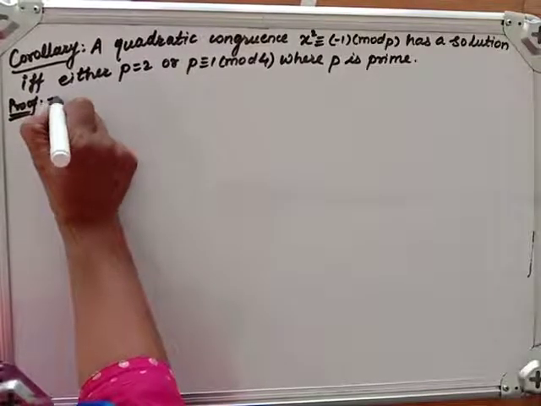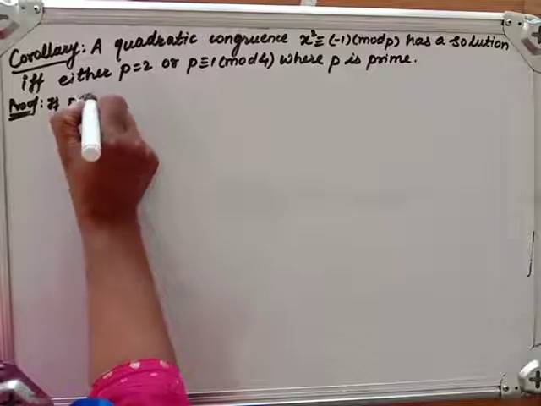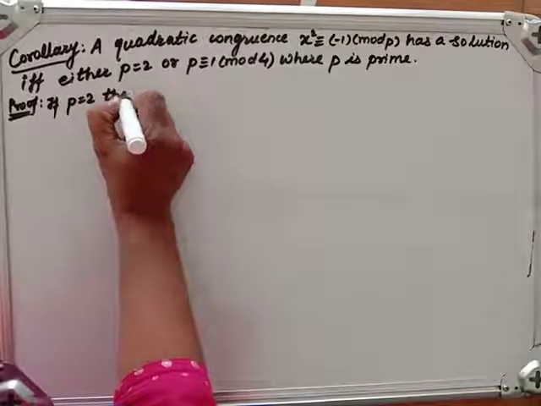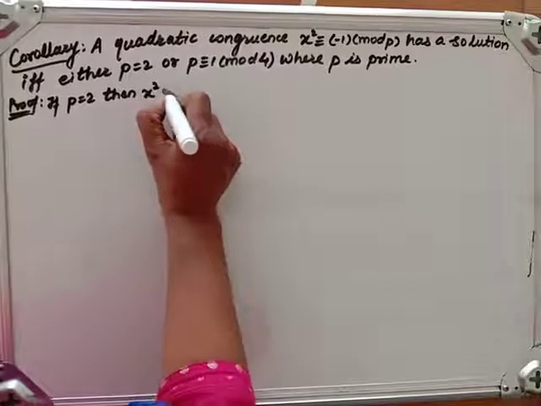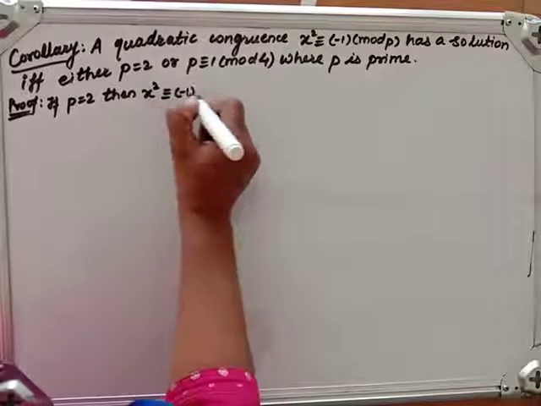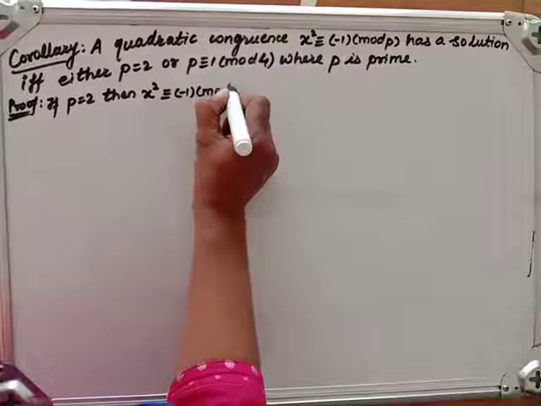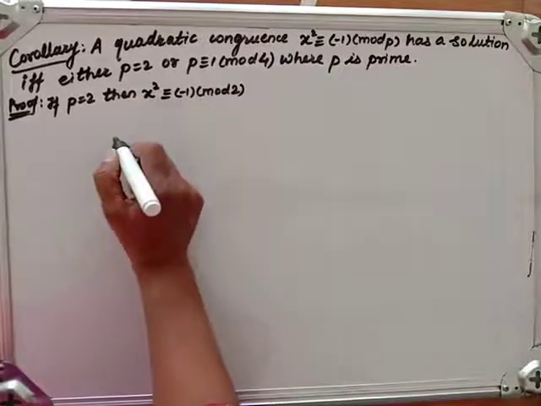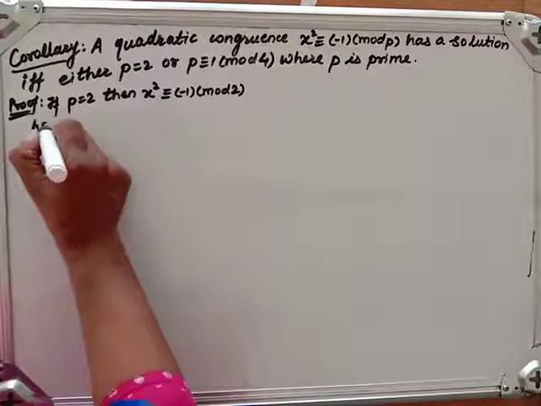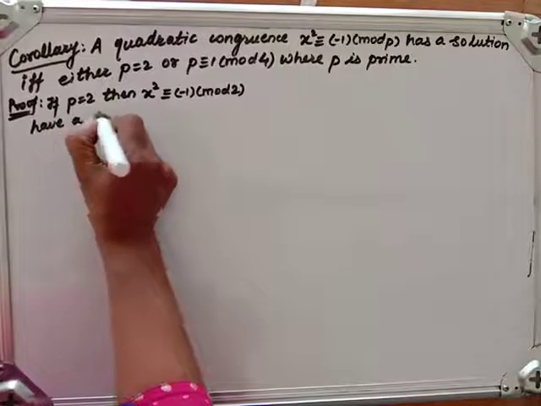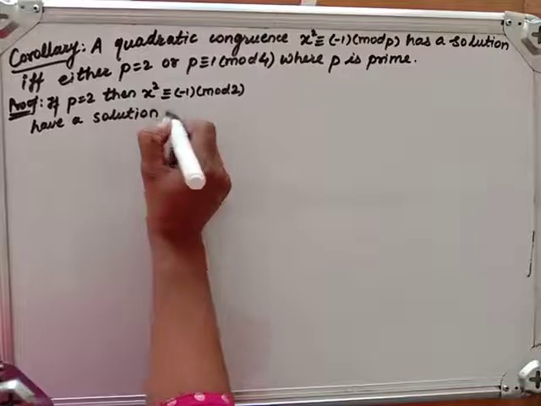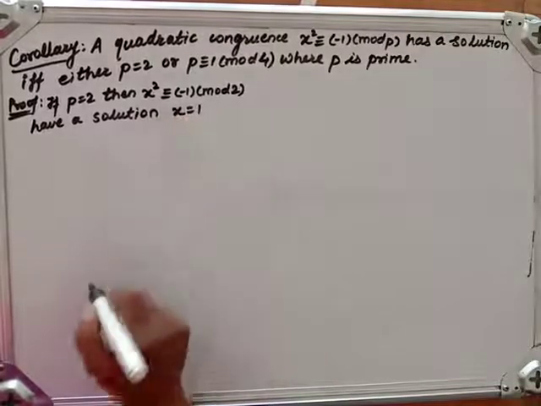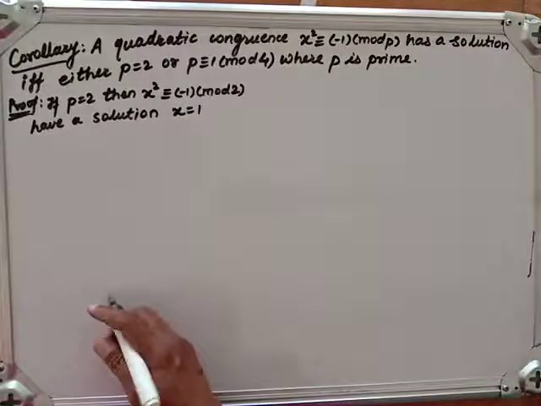So let me assume p is equal to 2, then x square congruent to minus 1 modulo 2 has a solution. What is the solution? Obviously x is equal to 1.